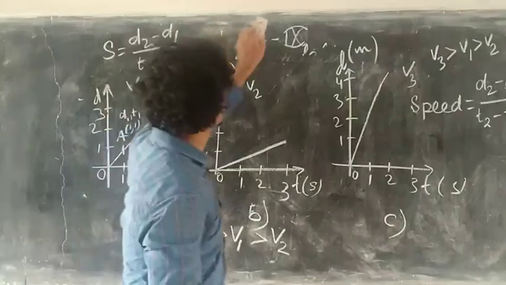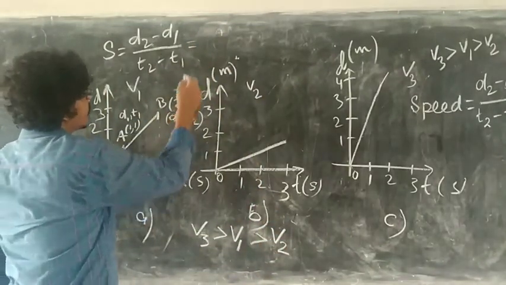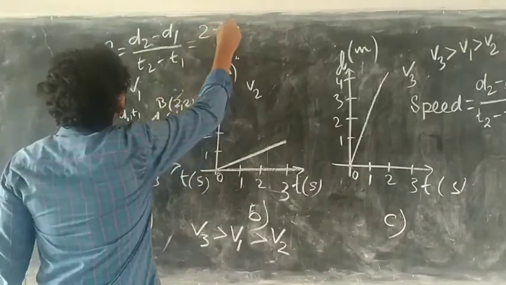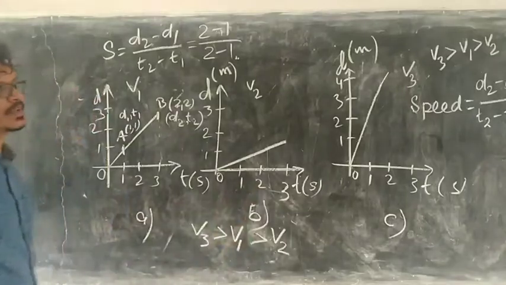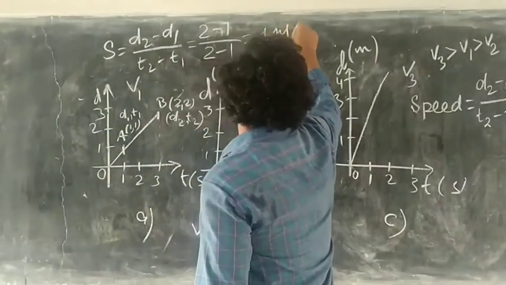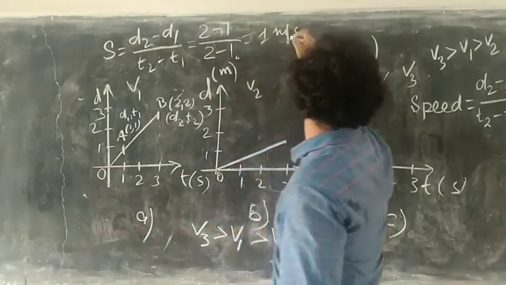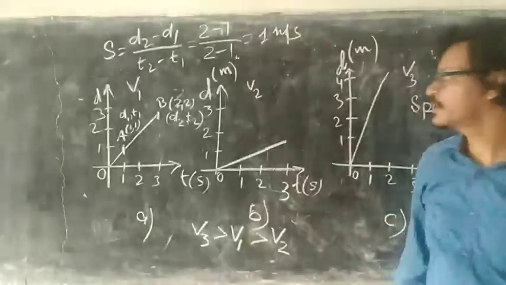What are d2 and d1 here? Here d2 is 2, d1 is 1, t2 is 2 and t1 is 1. So you get 1 meter per second here.